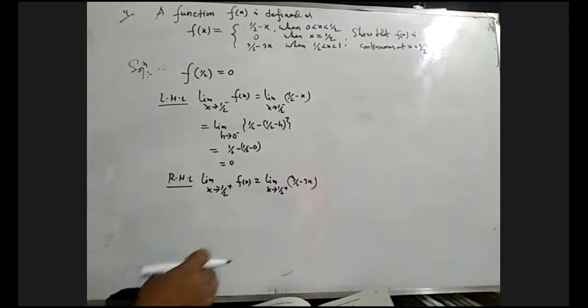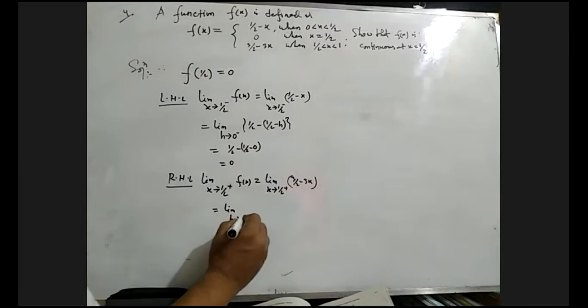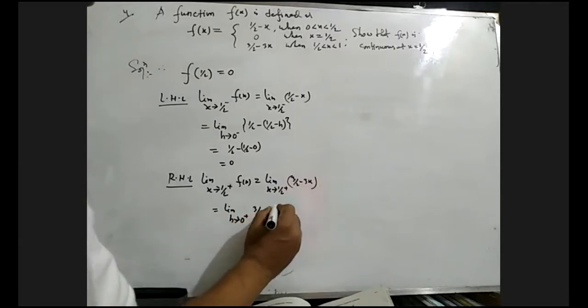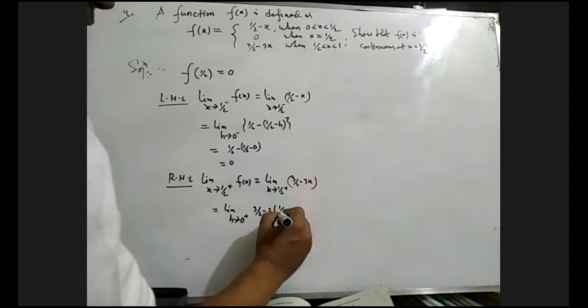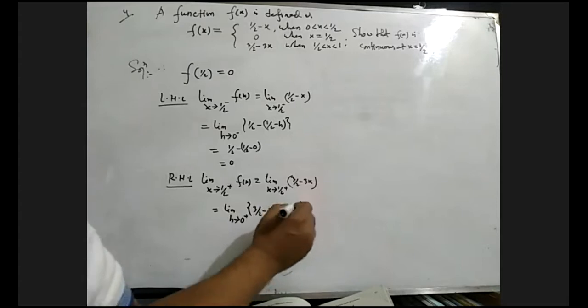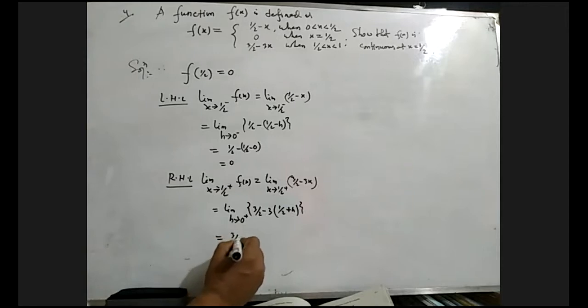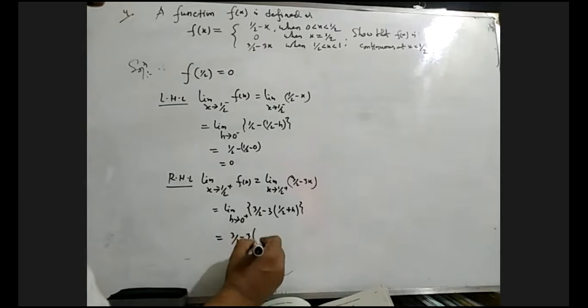So by using A's method, this equals to limit h tends to 0 of 3 by 2 minus thrice half plus h. Just put h equals to 0. We get 3 by 2, 3 by 2. That means 0.